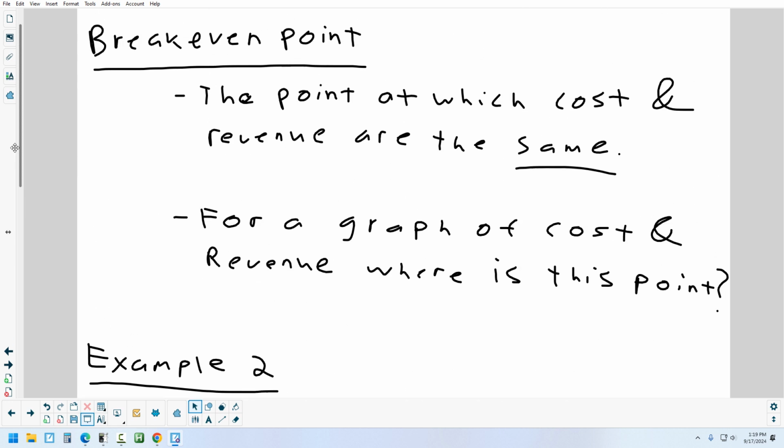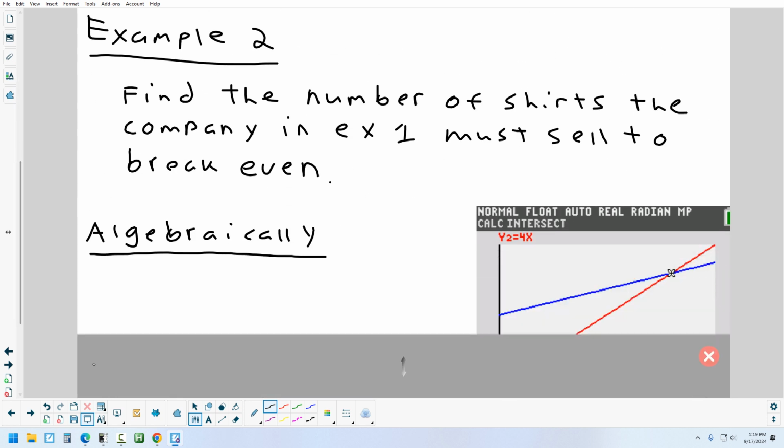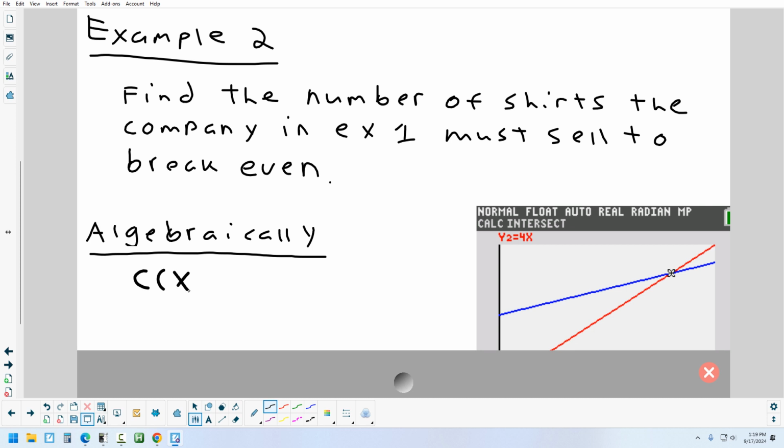So keep in mind, at the break-even point, cost and revenue are equal to each other. Cost equals revenue. To find the break-even point, take your cost and set it equal to your revenue.